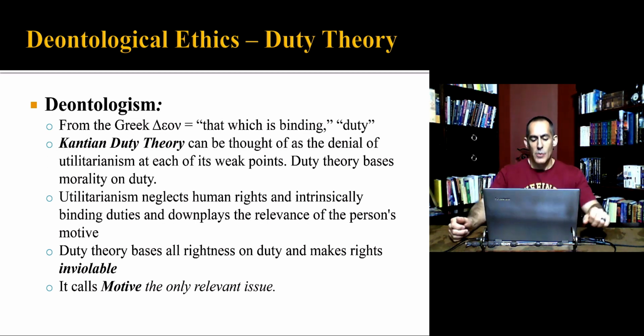So utilitarianism, we said, neglects human rights. That was one of the criticisms. We saw that it doesn't recognize the individual human right, doesn't recognize the importance of taking care of the minority, when majority opinion basically is the one that's going to carry the day after all.